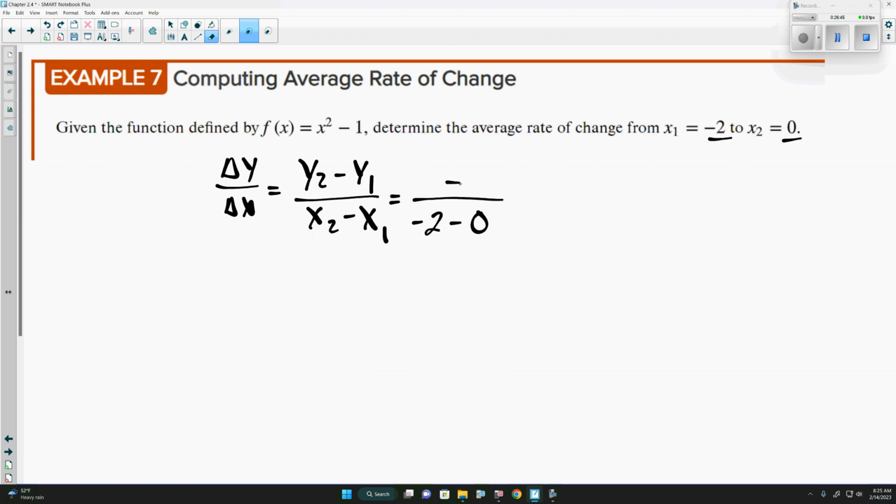Now to find it, well, they gave us a function here, yes? We just have to plug -2 in for x. So we're saying -2 squared minus 1. Well, -2 squared is 4. 4 minus 1 is 3.